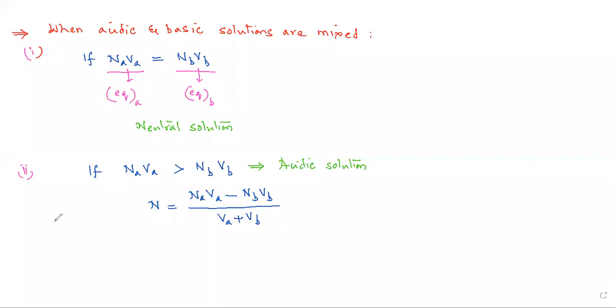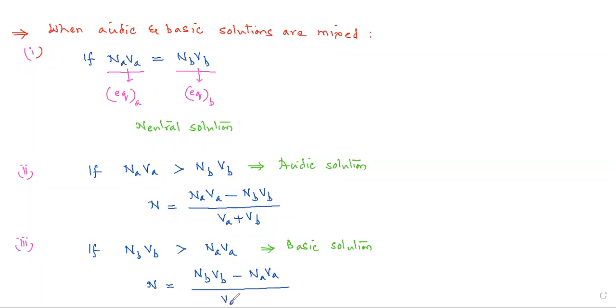Okay, now the third case. See, if NbVb is greater than NaVa, or of course NaVa is less when compared to NbVb, then the resultant solution will be basic in nature. Resultant normality can be calculated using this formula.